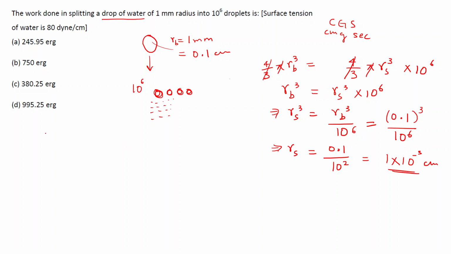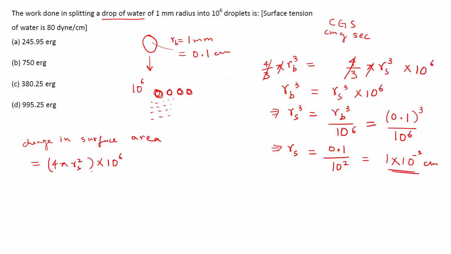The surface area formula for a sphere is 4 pi r square. So the change in surface area will be, the final surface area will be 4 pi r square, the radius of small droplets, and there are 10 to the power 6 droplets.